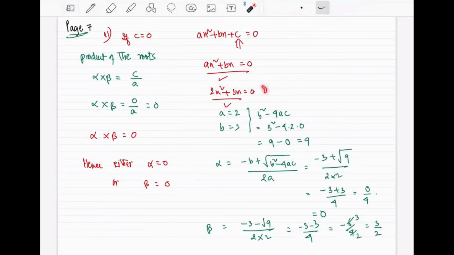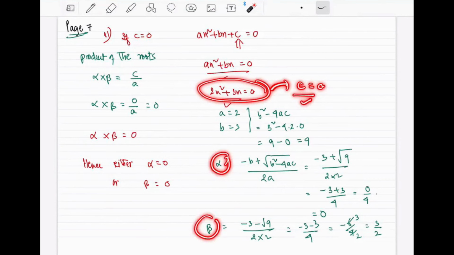Look, for equations of this type, what's the equation of this type? In which the constant term is 0 or the constant term is missing. In that case, one of the roots, it may be alpha or beta depending on the equation. In our case, which one is 0? Alpha is 0. What about beta? Beta won't be 0. If one of them is 0, the other one won't be 0.